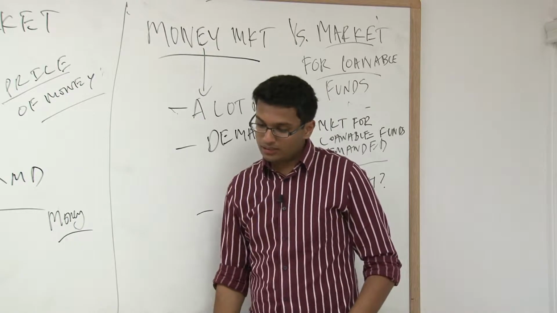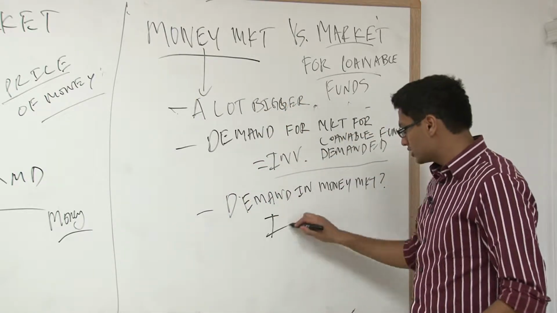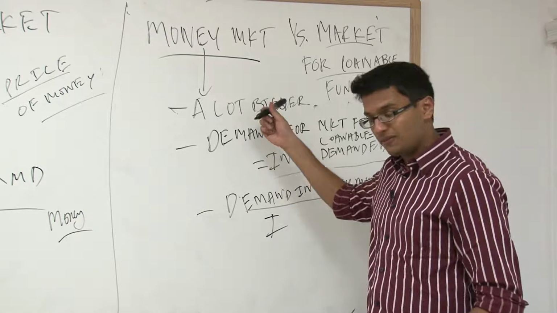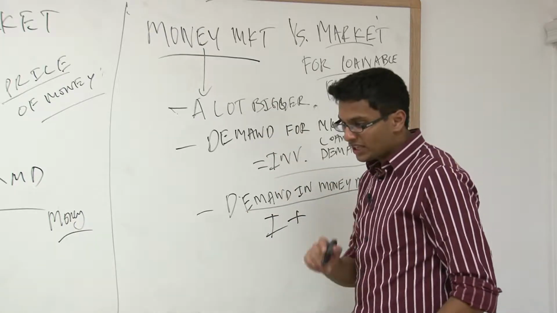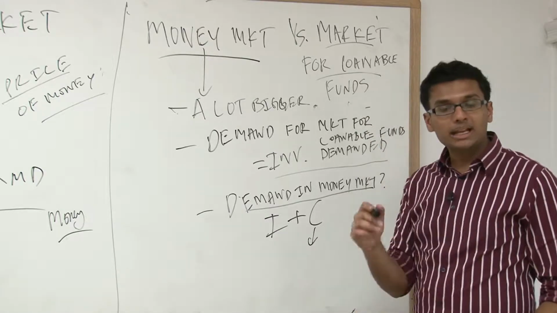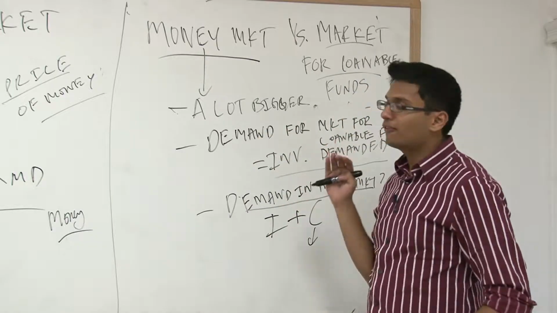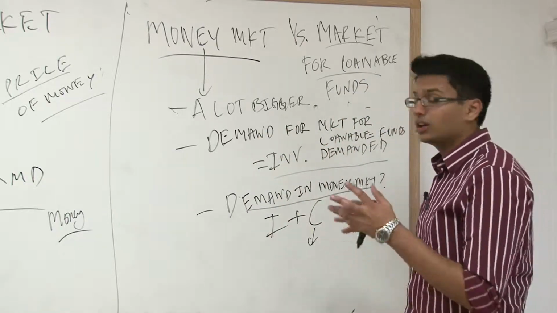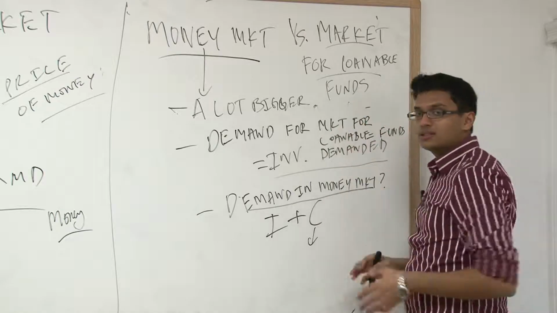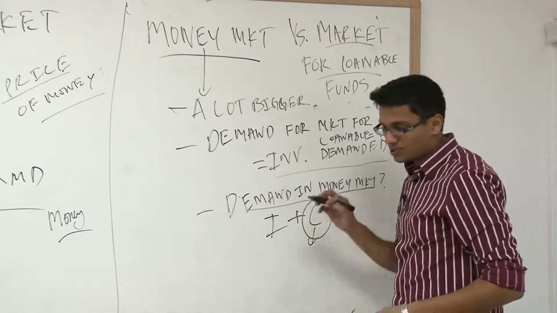The demand in the money market includes the investment demanded. It also includes consumption. And remember, consumption happens to be the biggest part of GDP. So by far, it's a lot more inclusive than the market for loanable funds, because it includes consumption.